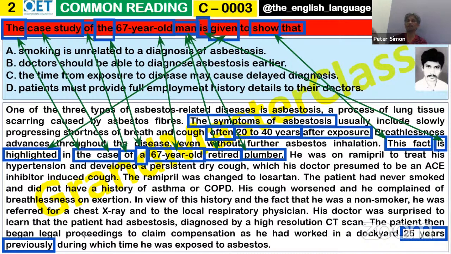After leaving that place, he might have worked in two or three places, five years here, ten years there like that. Then he retired. Now this has surfaced, symptoms revealed themselves.